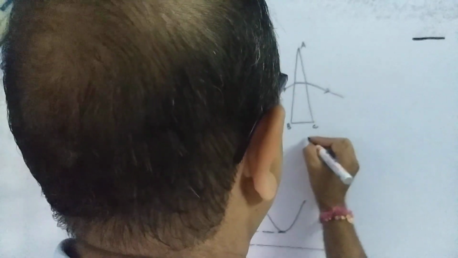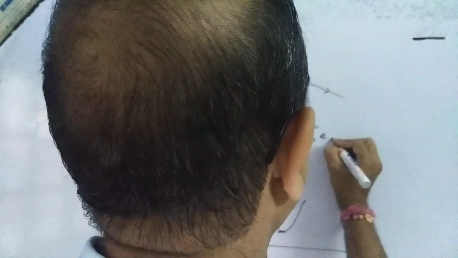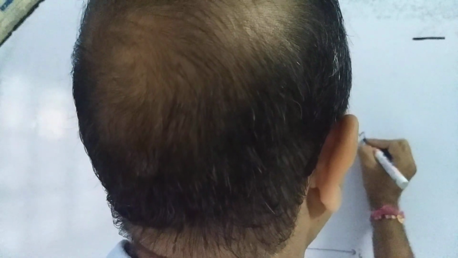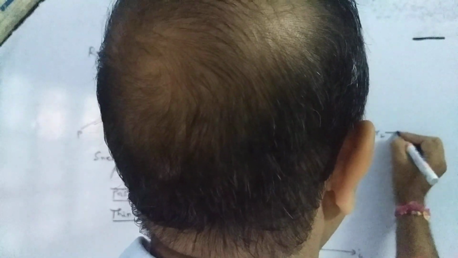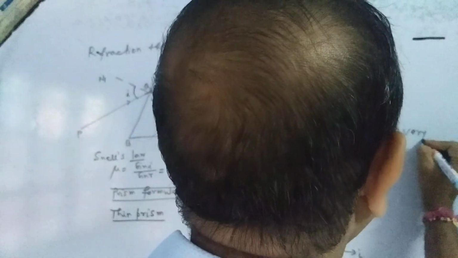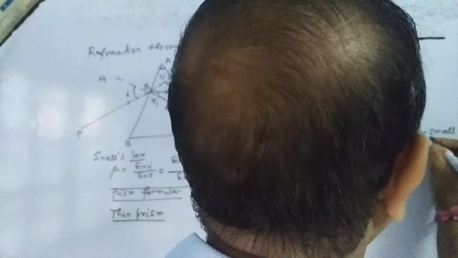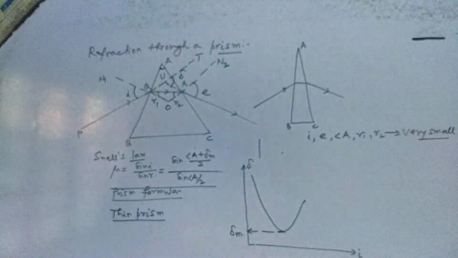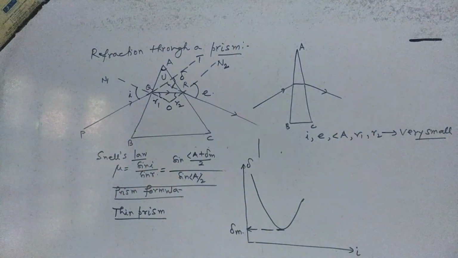Actually in a thin prism, I, E, angle A, R1, R2, all are very small. Mind this. A thin prism is one in which all these angles are very small.